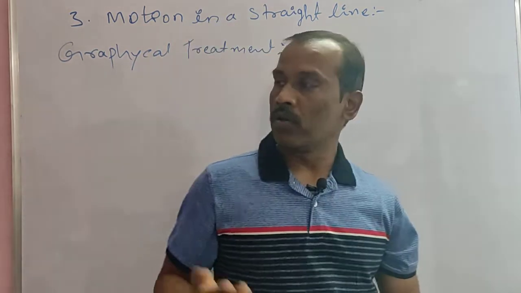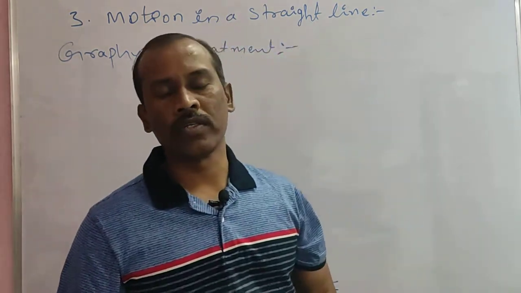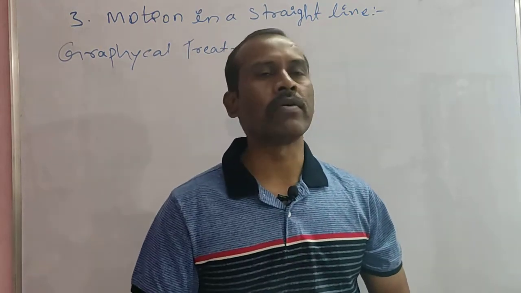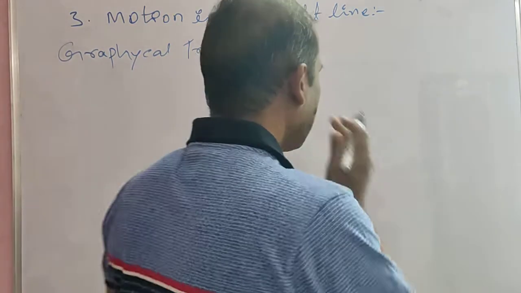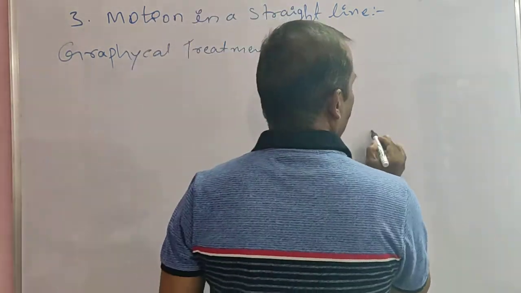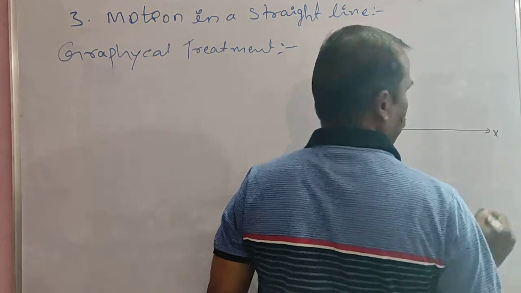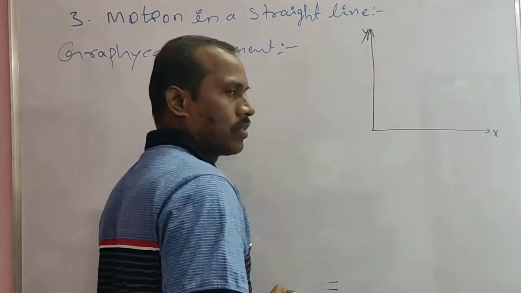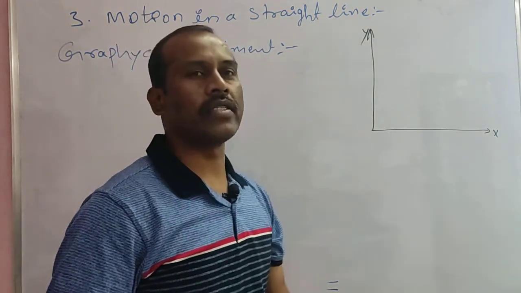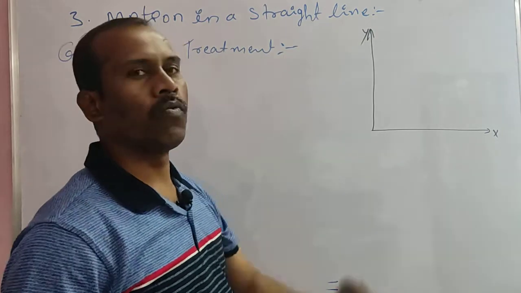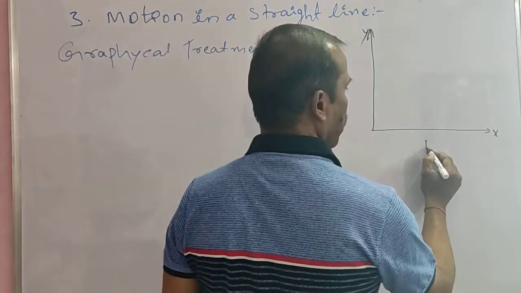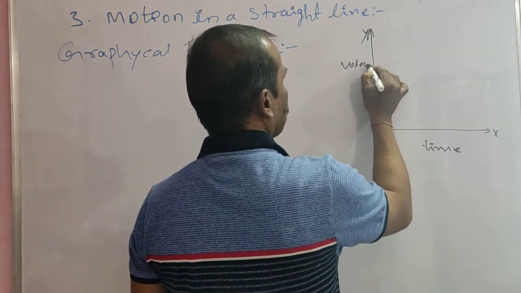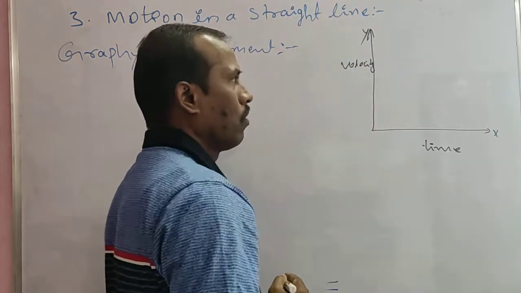So in the graphical method, we use the velocity time graph, which gives displacement and acceleration. First of all, this is the x axis and this is the y axis. The time taken is on the x axis, and the velocity of the body is on the y axis.